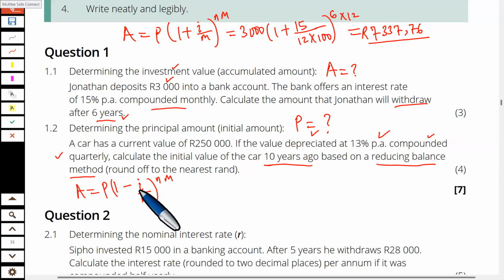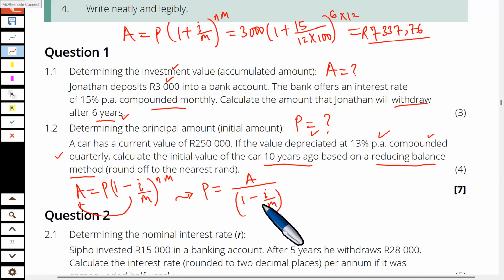So the principal means you divide by this guy here. So if you divide by this, you therefore have P equals A divided by 1 minus I over M to the power nM.